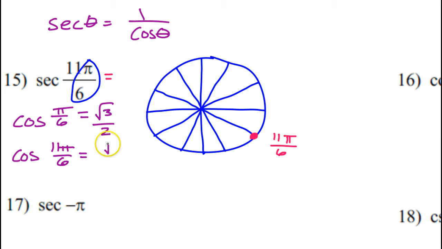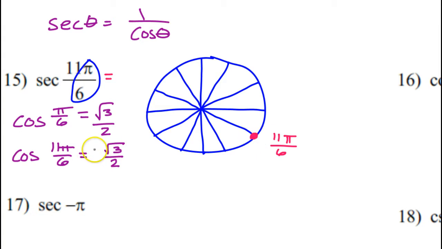So I know that the cosine of 11 pi over 6 is going to either be radical 3 over 2 or negative radical 3 over 2. To know whether it's negative or positive, just look at the quadrant. Is cosine positive or negative here in the fourth quadrant?